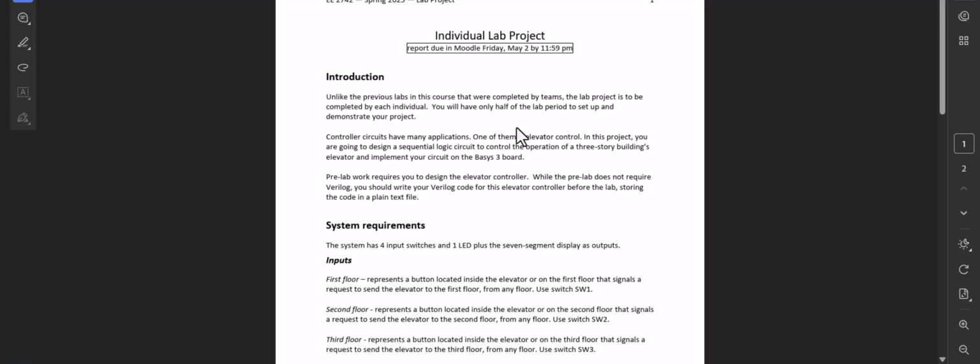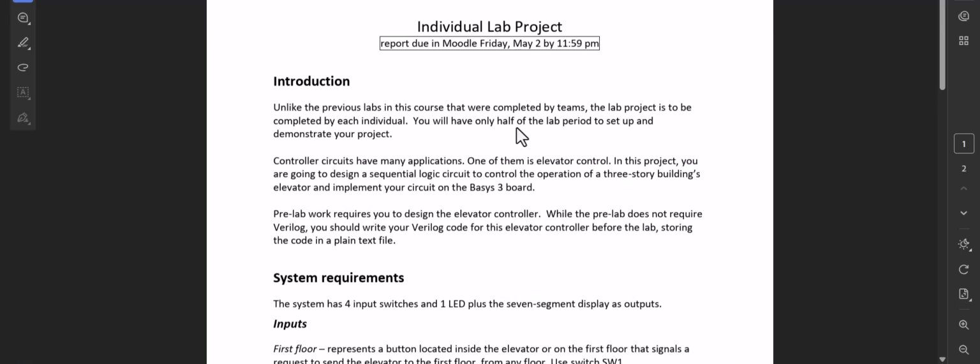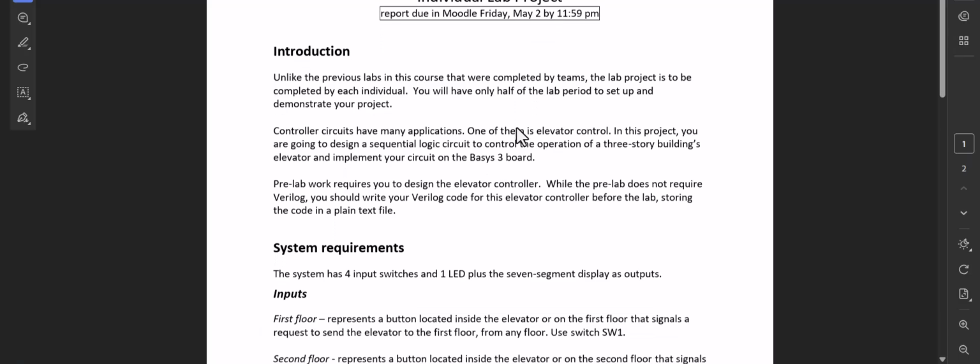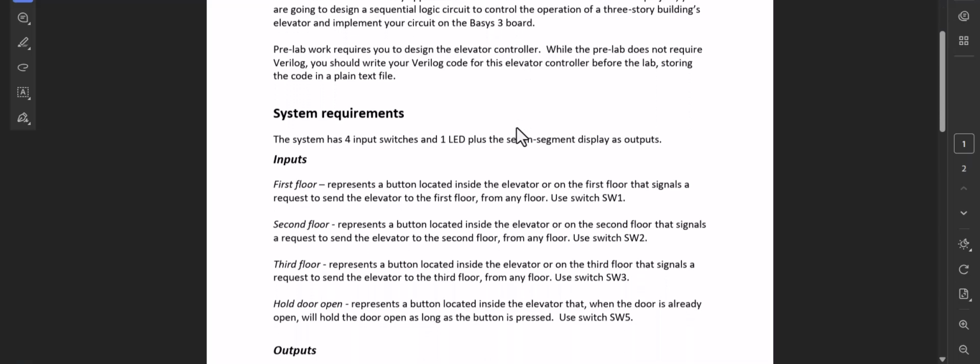So don't try that. In the past, when people have tried to reuse code from a previous time and just modify it, it ended up taking longer than if they had just started on their own, because of all the changes, and then you have this error and then you have that error. So I just recommend that you not try that.